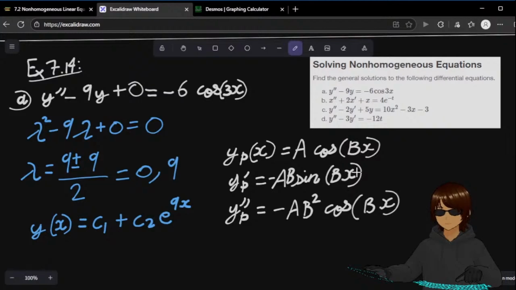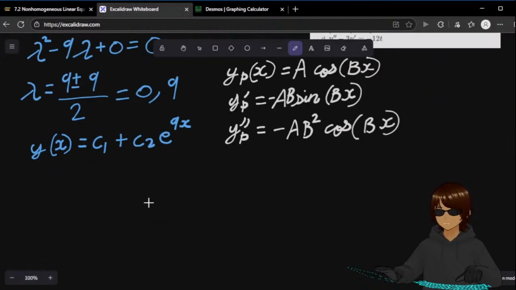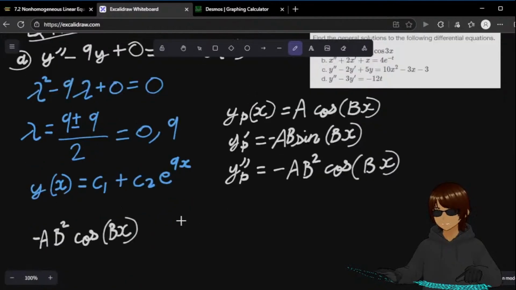Now, if we put this particular solution back into the equation, we have minus a b squared cos bx. This will become positive 9.